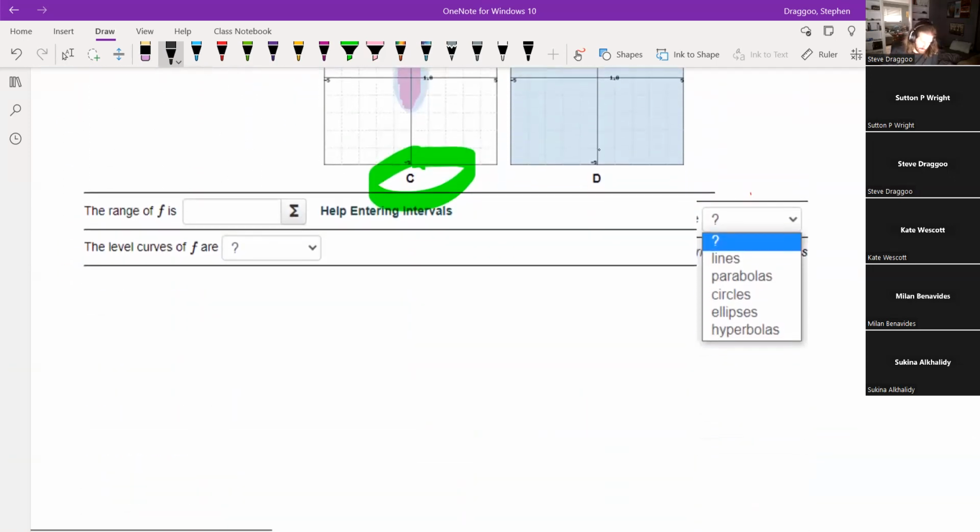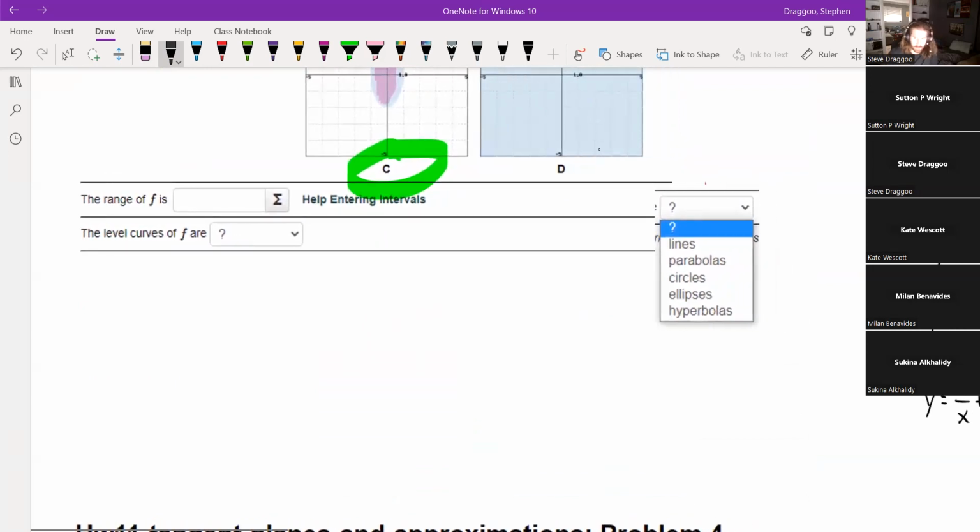Past that, what else do we want to do? We'd probably like to identify the level curves of this thing. So what are they going to look like? Well, that's where it's probably going to be helpful to rearrange what our equation is. I made some notes over here for myself.